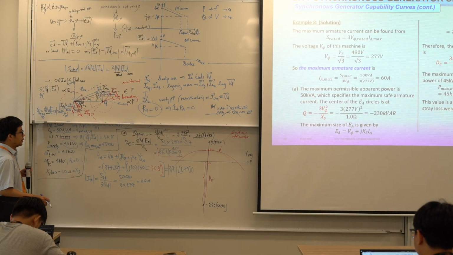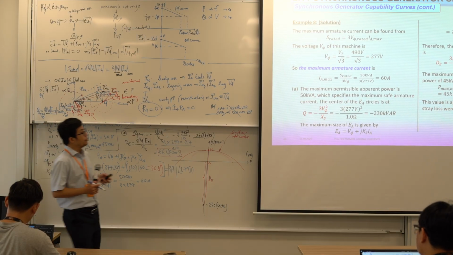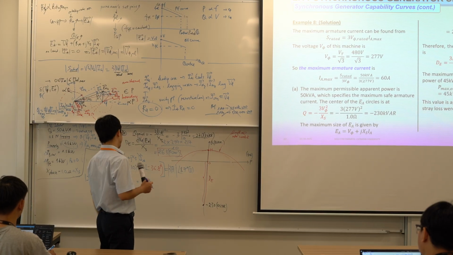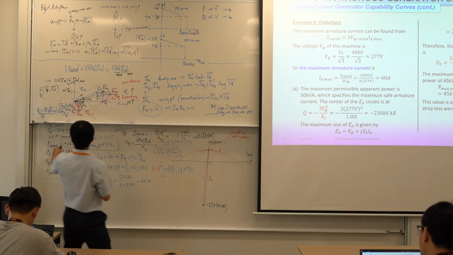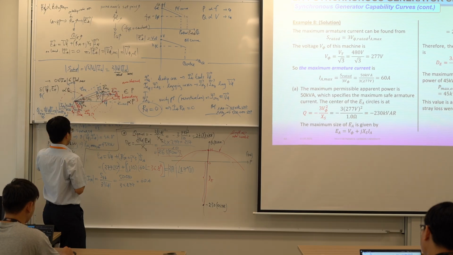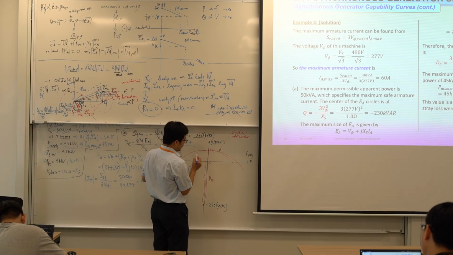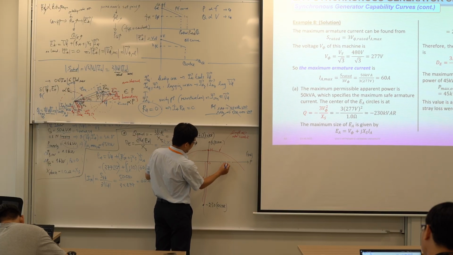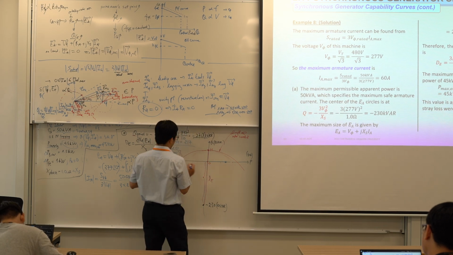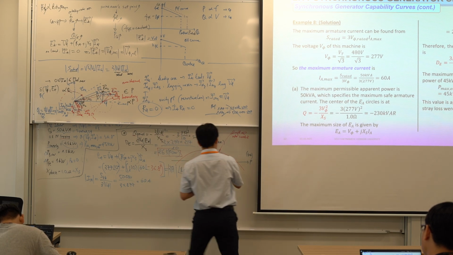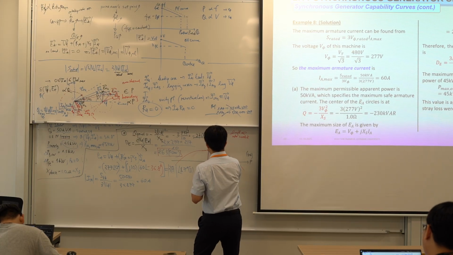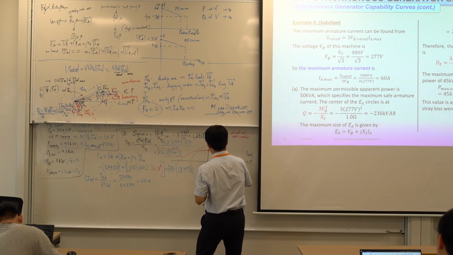Now we calculate S. Oh, S we already have, 50 kVA. So this is 33, so here maybe 33 and 50 somewhere here. So this one is S, and you can draw the curve of S like this.